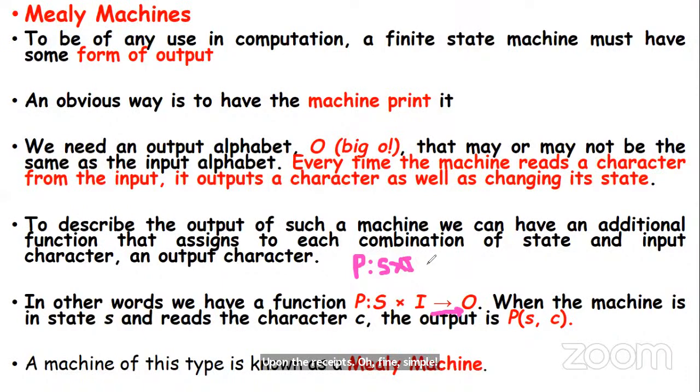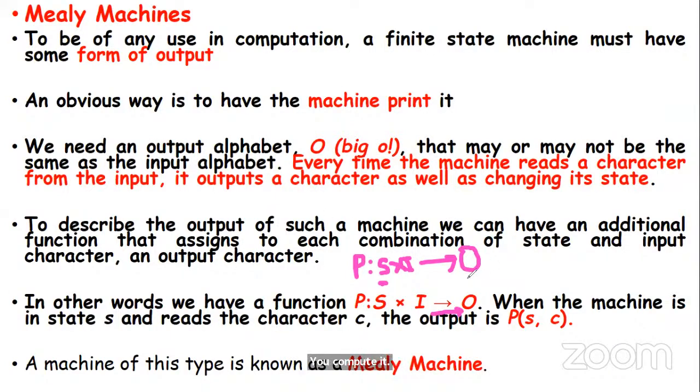That was all. But here we are extending it: once you are at a state S, an element of the global S, and you receive an input symbol I, you move to a state, but now you also output a big O, which is the output.